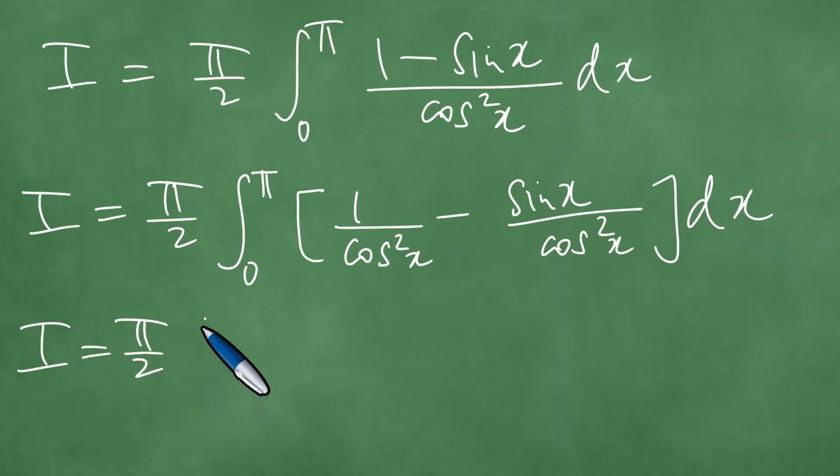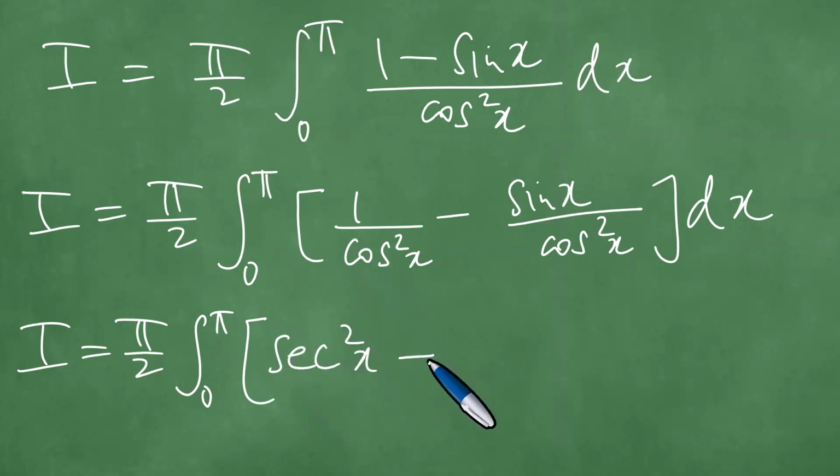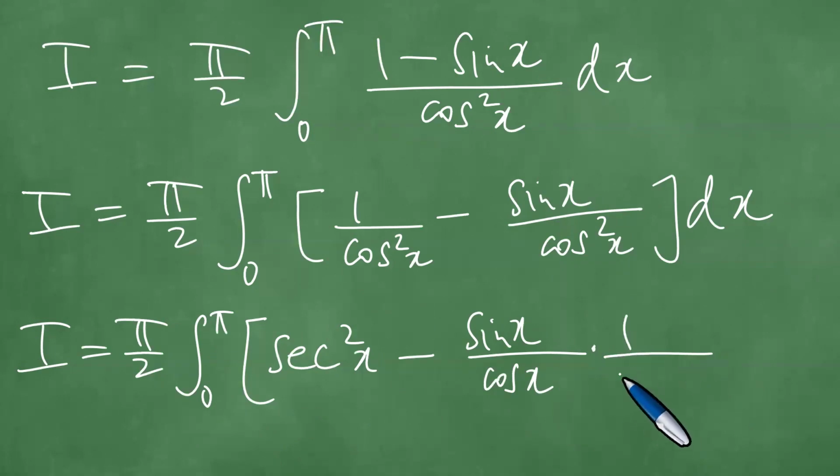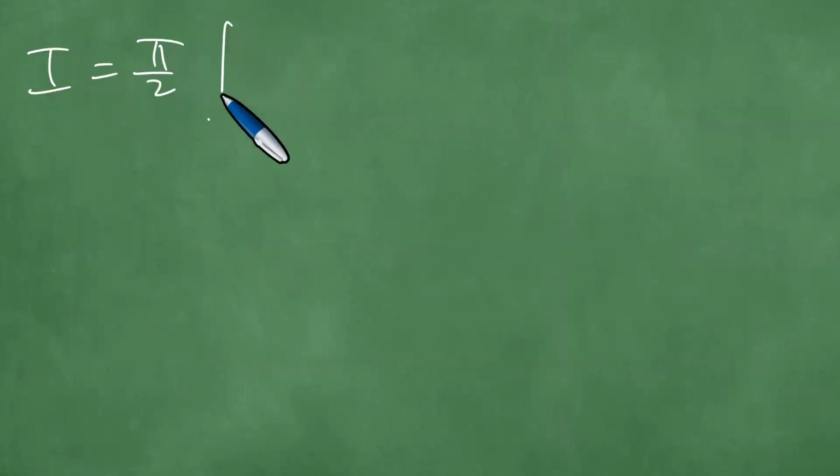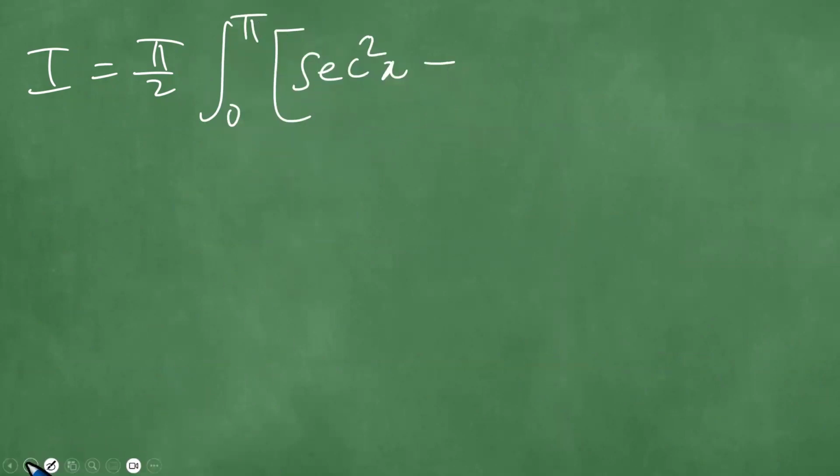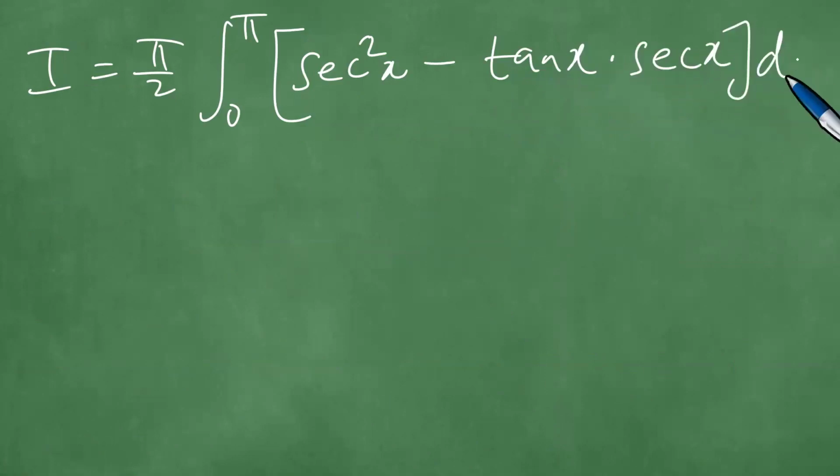So here 1 over cosine squared becomes secant squared, and sine x over cosine squared x is the same as sine x over cosine x times 1 over cosine x. So I equals pi over 2 times the integral from 0 to pi of secant squared x minus the tangent of x times the secant of x dx.